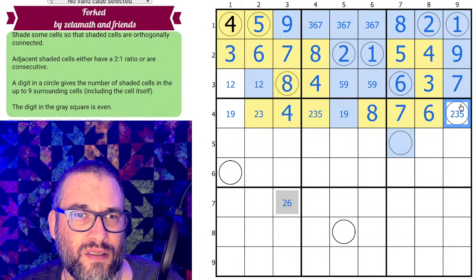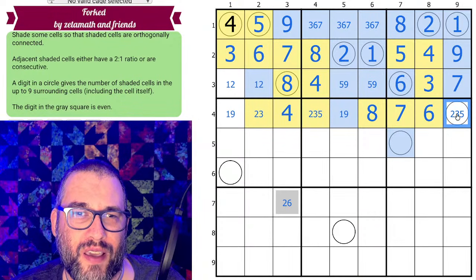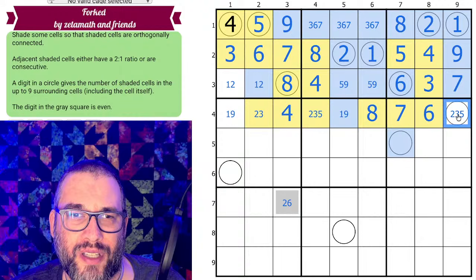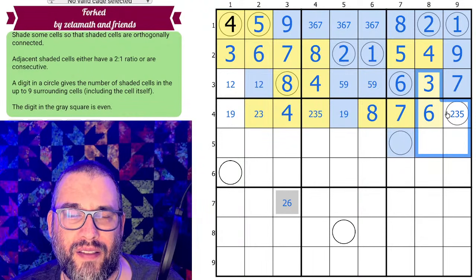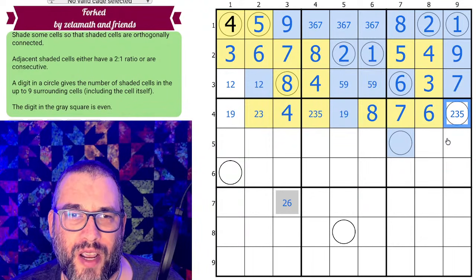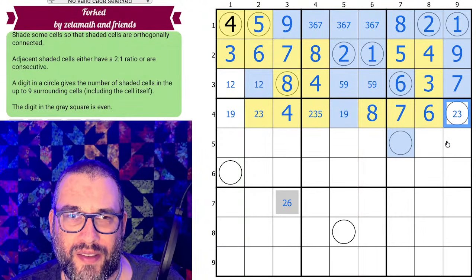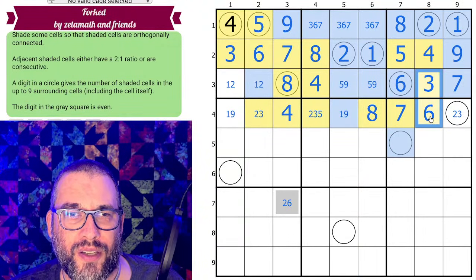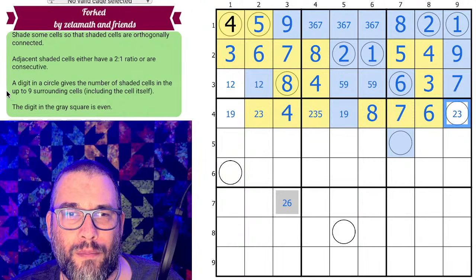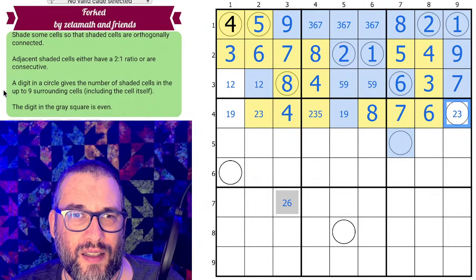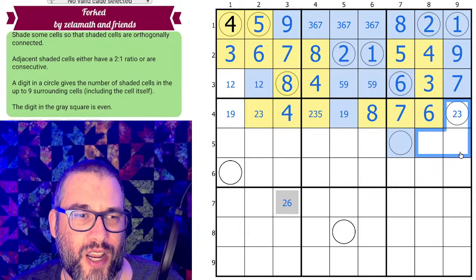Right, Jay points out this can't be 5, because if it's 5, then all of these are shaded, so it's shaded, but there's nothing for this to be. So that's not a 5. So we get at most one more cell out of these 3 shaded.